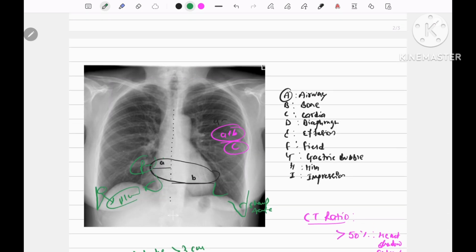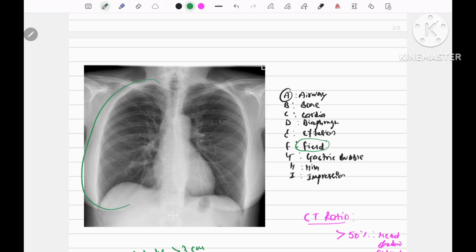Now we will study the lung fields. In the lung field, first we will study the zones. There are three zones. We count the ribs: first rib, second rib, then third rib and fourth rib.